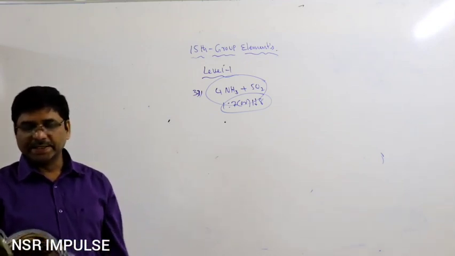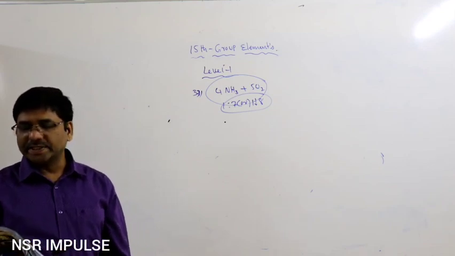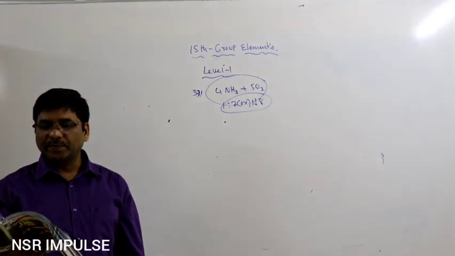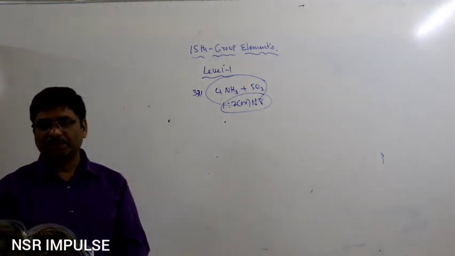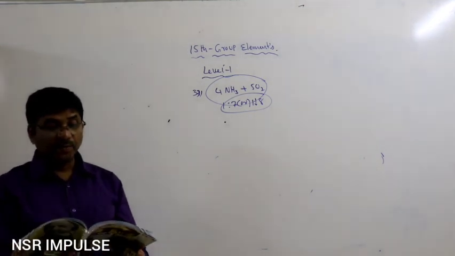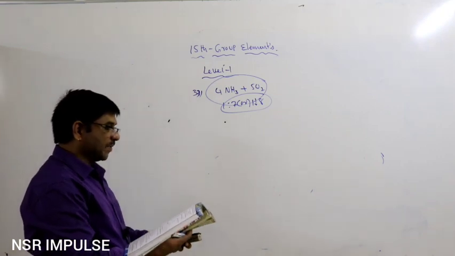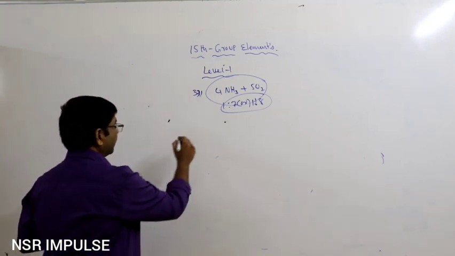Next, 38. Moles of oxygen that can oxidize 1 mole of ammonia to NO. How many moles of oxygen are needed? This is the same question, but you want it by a different method.